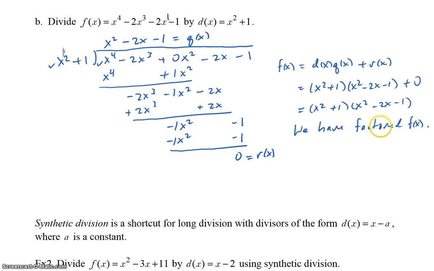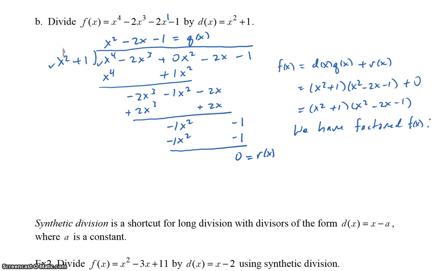So, by doing a division and getting a remainder of 0, we are able to factor polynomials. This is not the way you've been accustomed to factoring polynomials, but this is a legitimate way to do it. And in fact, sometimes it's the only way you can factor polynomials, is to perform a division and see if you can get a remainder of 0.